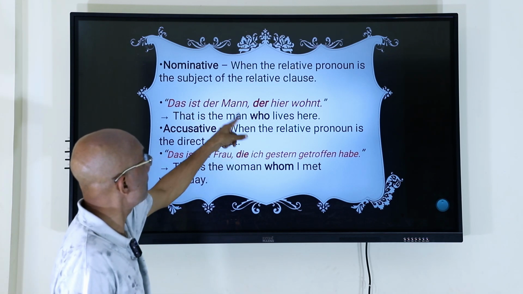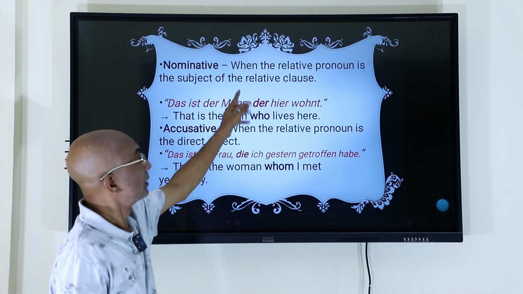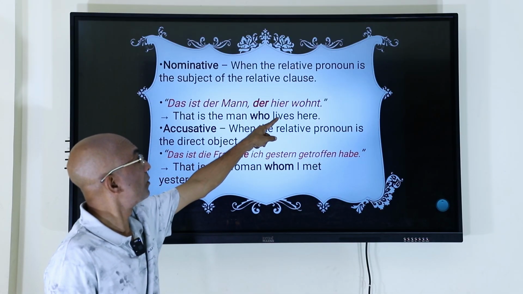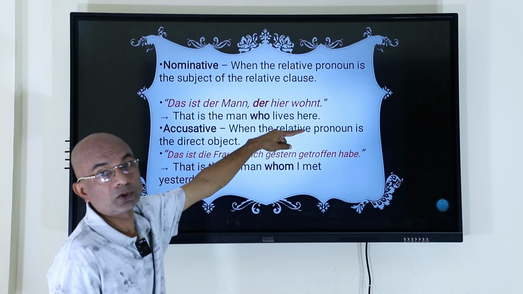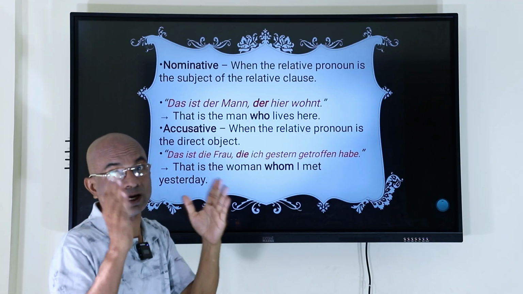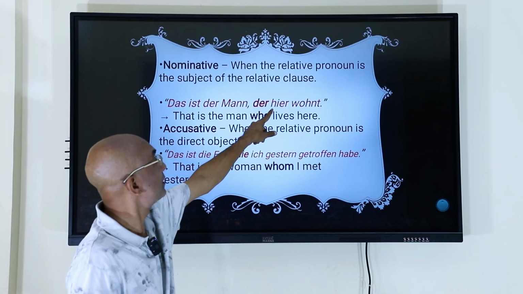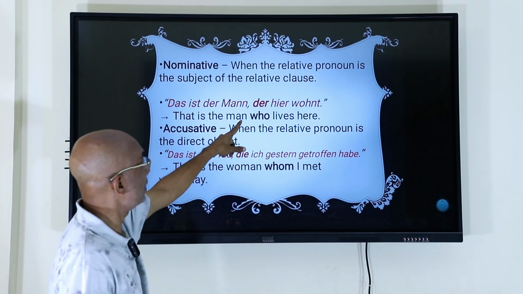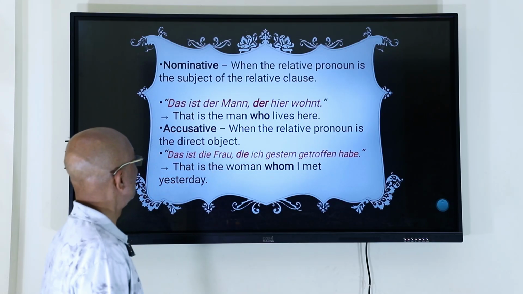That is one clause, the main clause. "Der Mann wohnt hier." So we are not using both "der Mann", but only "der". We are taking the article of "der" here.